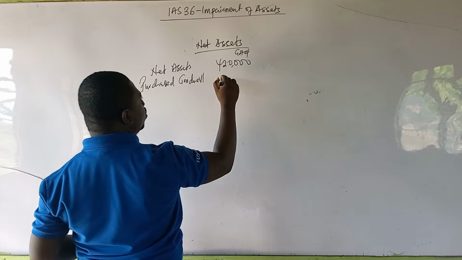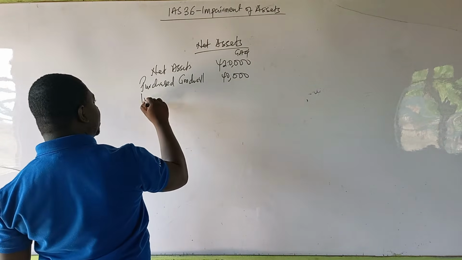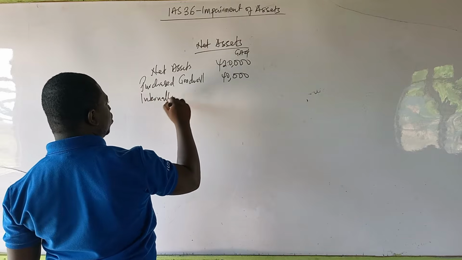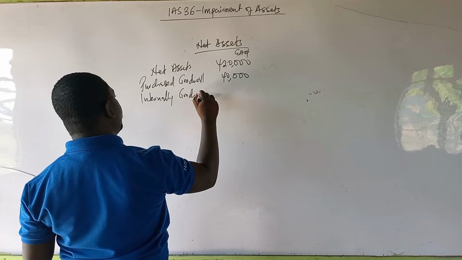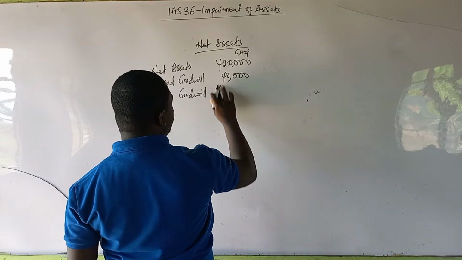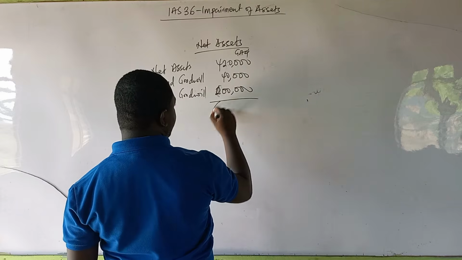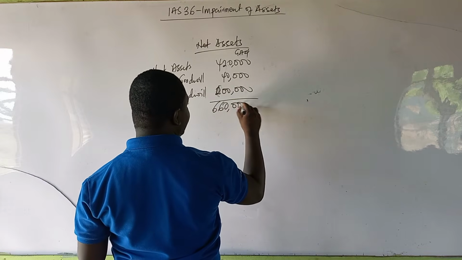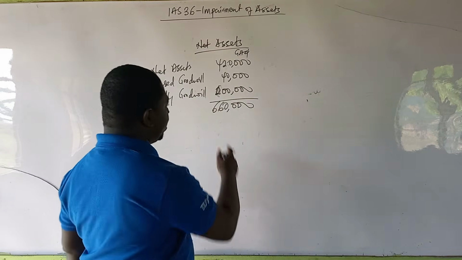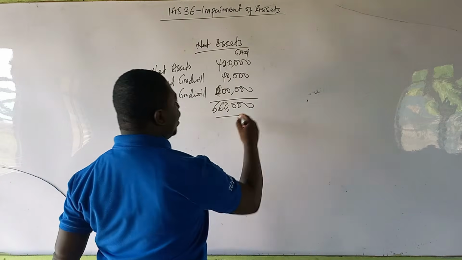The purchase goodwill was 40,000. And then there was an internally generated goodwill, which we took over from the existing business. And that was 200,000 Ghana cedis, giving us a total net asset of 660,000. So this is for the net asset.